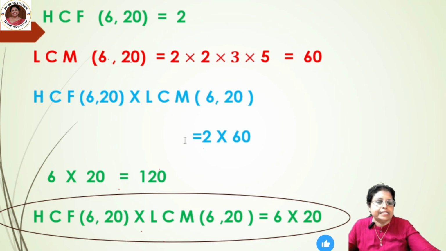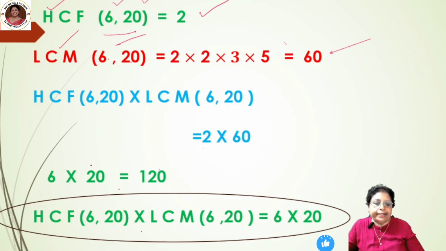Then next we are finding a relation between these two numbers 6 and 20 and their HCF and LCM. We have seen that the HCF of 6 and 20 is 2 and the LCM is 60. Here the numbers are 6 and 20.